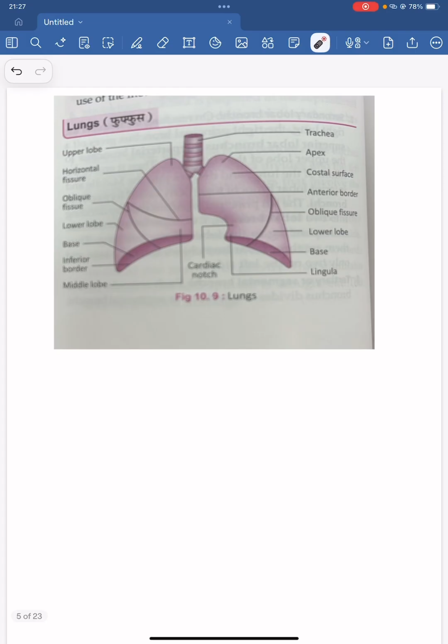You already studied this mechanism in PUC. From the exam point of view, you have to learn about the lungs.